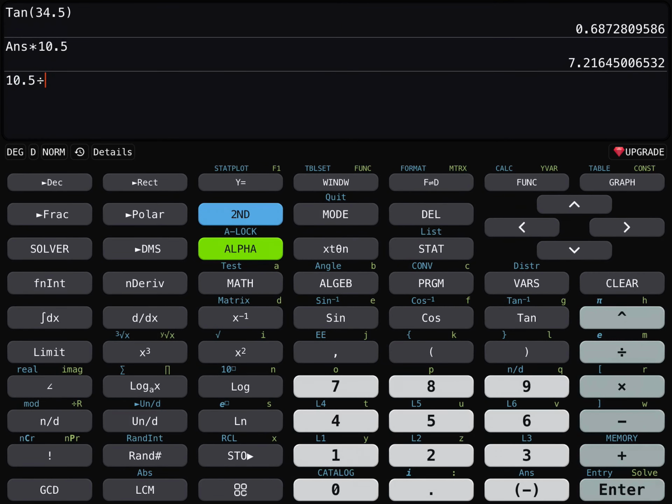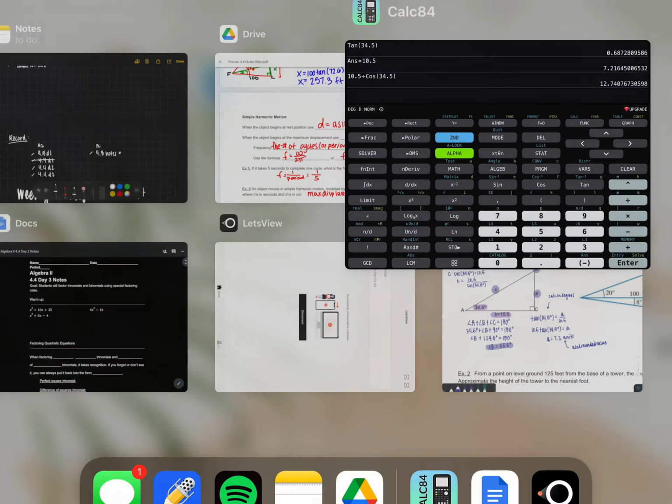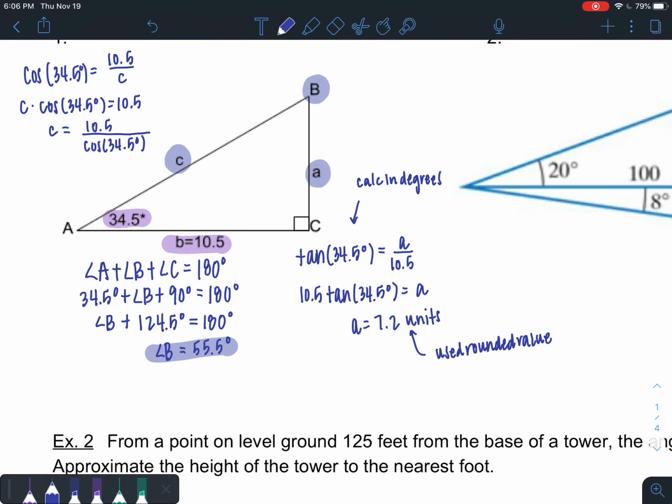And I get 12.7. So C is equal to 12.7 units. Want to make sure we label, especially the degrees and all that good stuff. So I have found A, B, and C successfully.